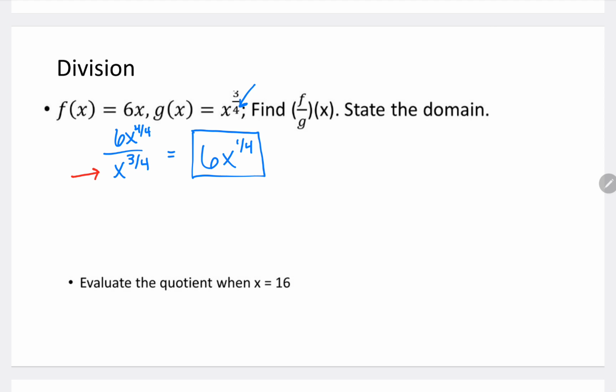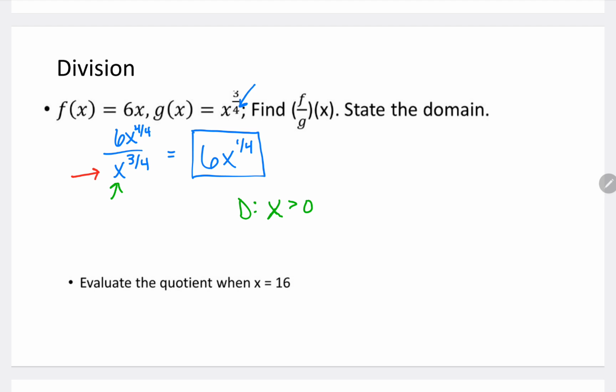Our domain, like we said, is limited because of even roots. So because there are even roots, x needs to be greater than or equal to 0. But also, because there's an x in the denominator, x can't be 0, or that would make the denominator 0. So that just means x has to be greater than 0.